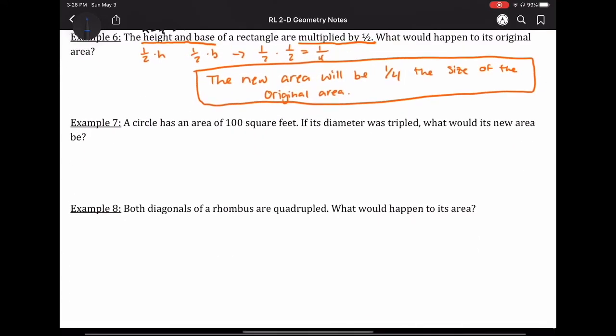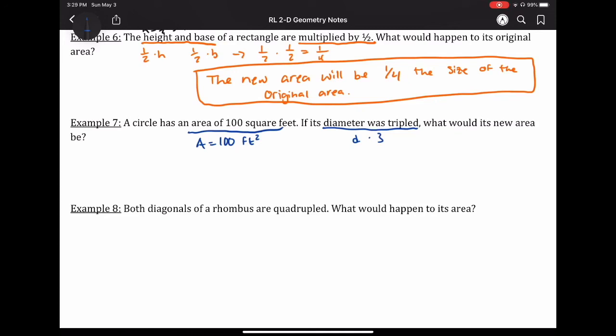Example 7 says a circle has an area of 100 square feet. So this time it's giving you that answer, area of 100 square feet. Let's write that down a second. Then it says if the diameter is tripled, what would its new area be? It says diameter times 3. Here's the deal. If your diameter is tripling, your radius is tripling too.